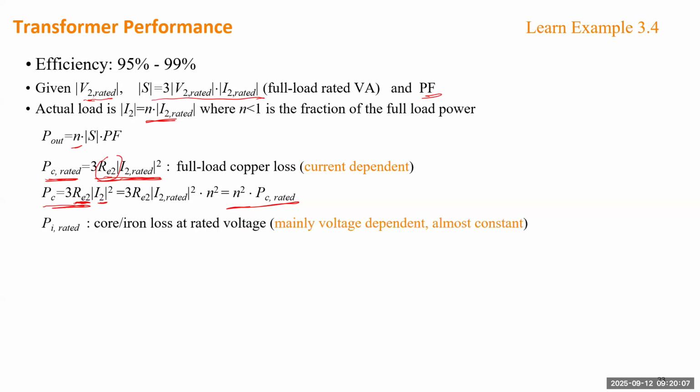And the next loss will be the iron loss. That is caused by the eddy current in the core. That one doesn't depend on current, it depends on voltage, because that shunt branch is almost directly connected to the source voltage. For a transformer, there's not much room to change the voltage.